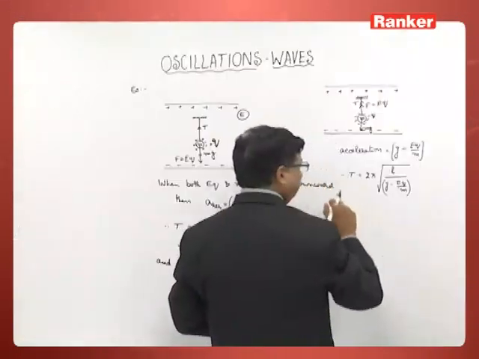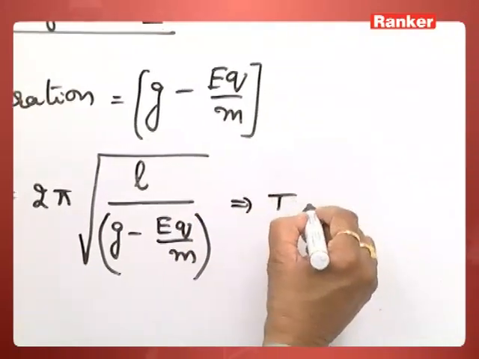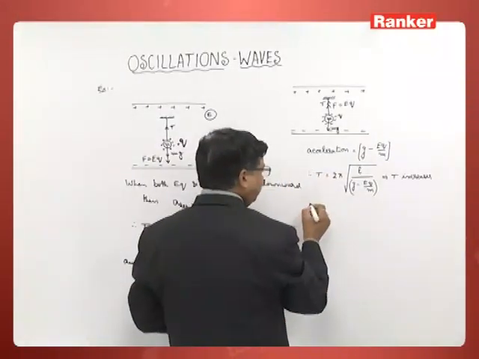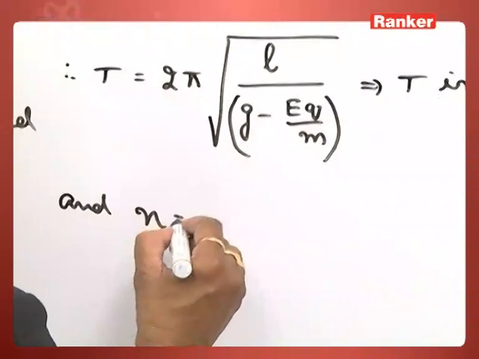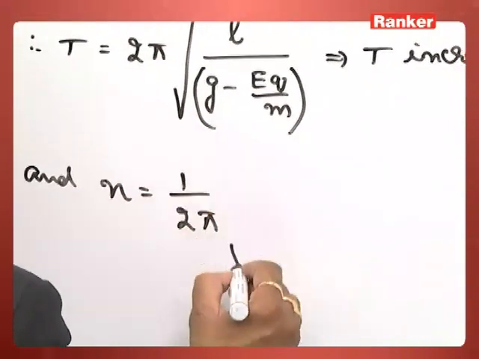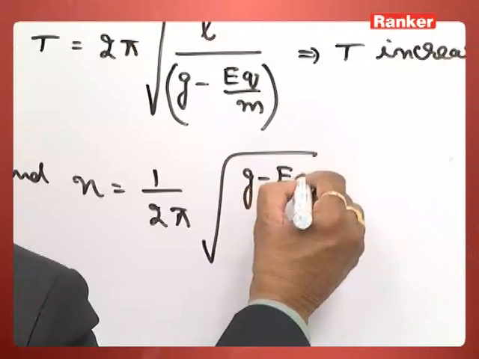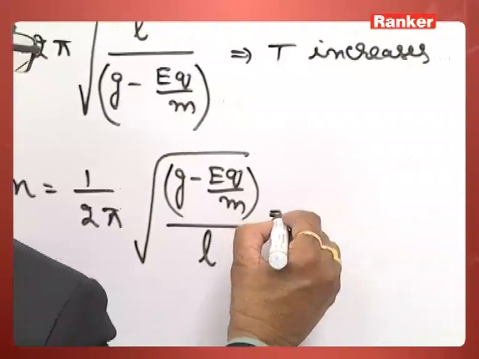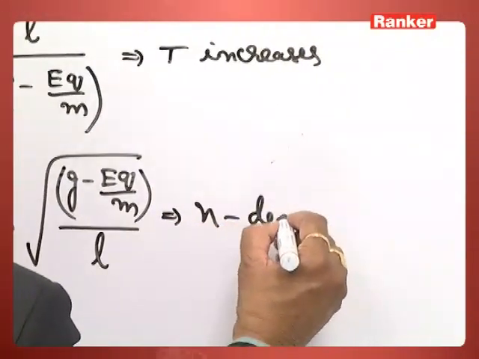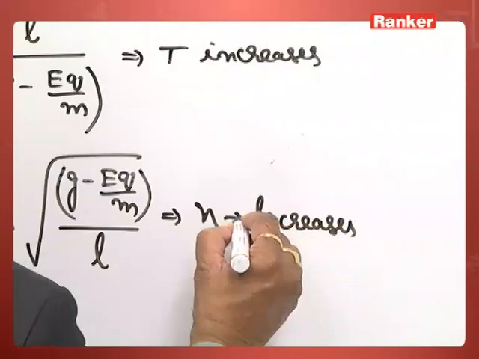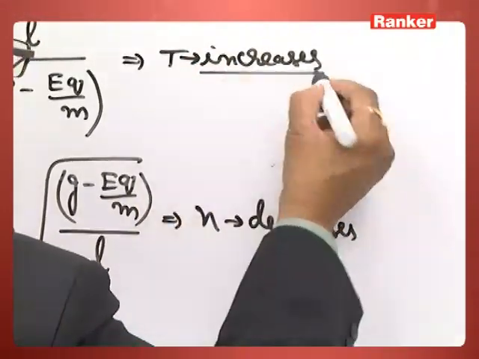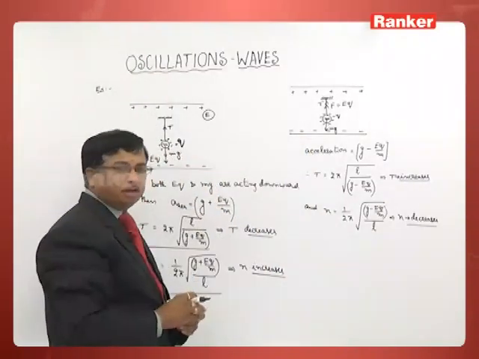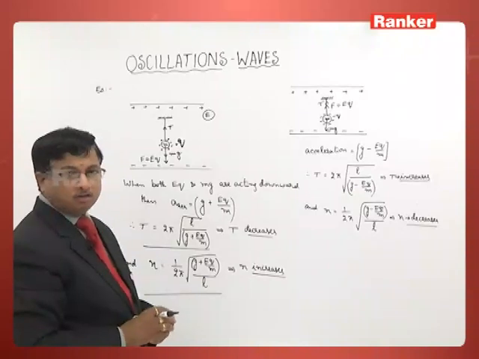This is the time period equation, wherefrom you can say that T increases because the denominator is decreasing here, and the frequency n now becomes 1 by 2 pi under root g minus EQ by m divided by L. So, what we can conclude here, frequency decreases, that is the concept we have to remember. Time period increases and frequency decreases. These two are the cases when the bob is given negative sign over there.